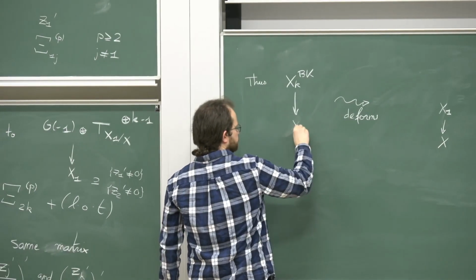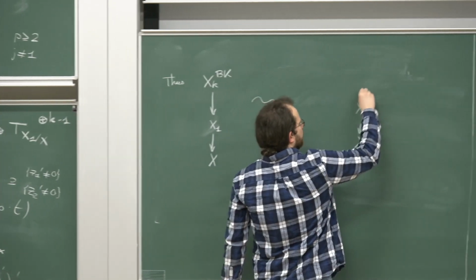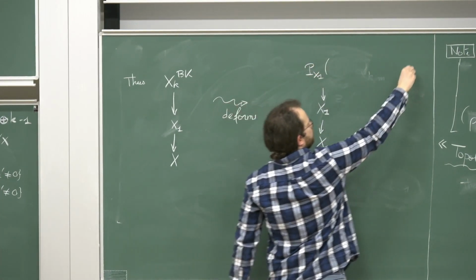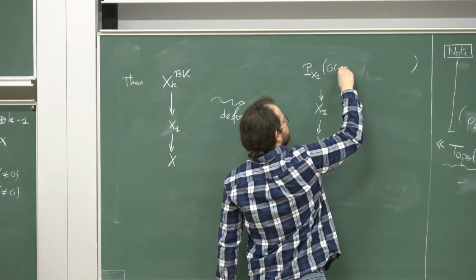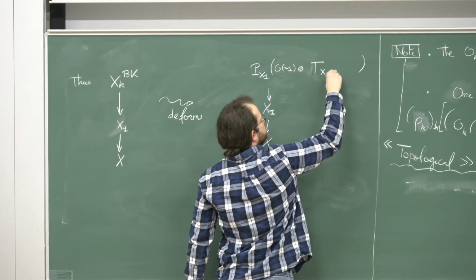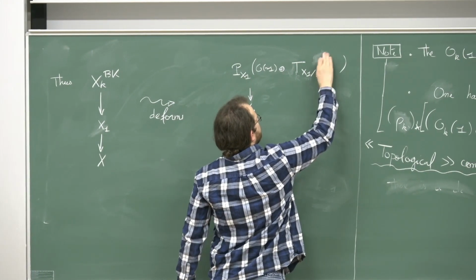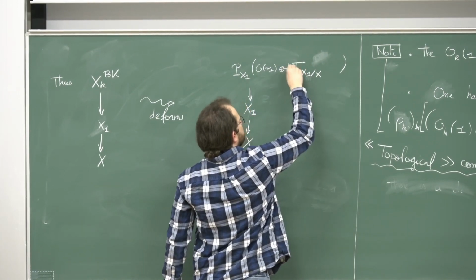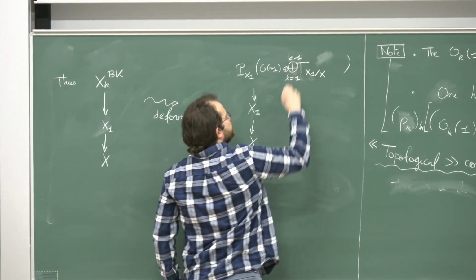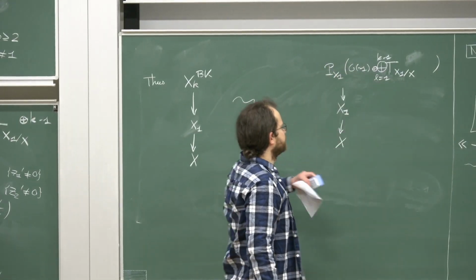And here I can still put this fact also here. And on top of that, you will have the projectivization above x1 of the sum of O-1 plus some copies of the tangent bundle up to order k-1.